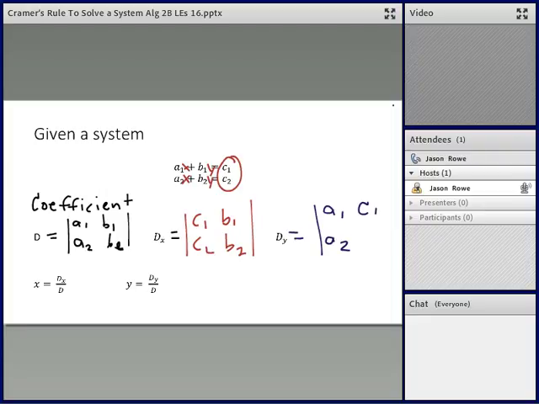So this will become C1, C2. And what we're going to do is find the determinant of each one of these. Then to get X, we're going to put dx over d. To find Y, we're going to put dy over d. So it sounds like a lot of work, but when you get started, it really goes kind of quick.